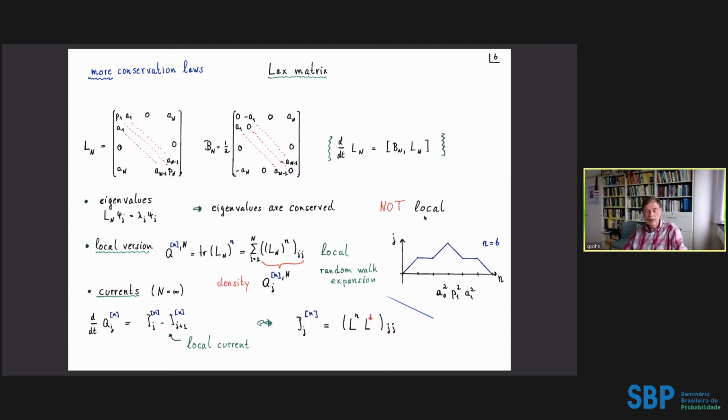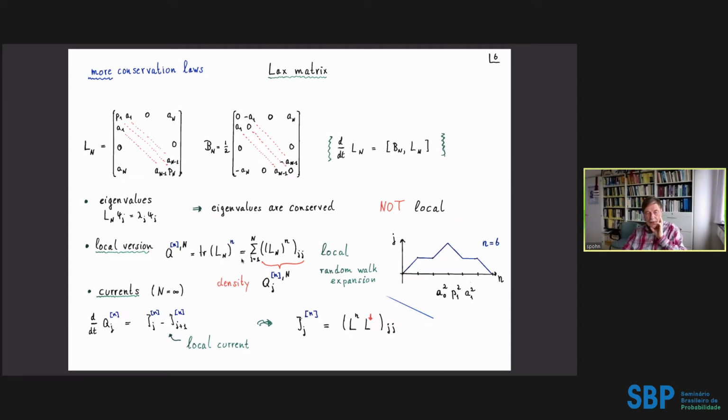But this is what Flaschka told us also, that once you have this construction of the Lax matrix, you immediately see how to construct local conserved quantities. And the mechanism is extremely simple. All I have to do is take the nth power of that matrix, where n is the size of the system, and then take the trace, so that's a number.